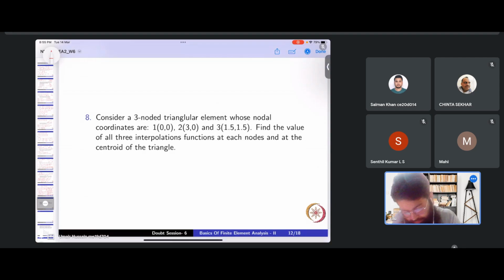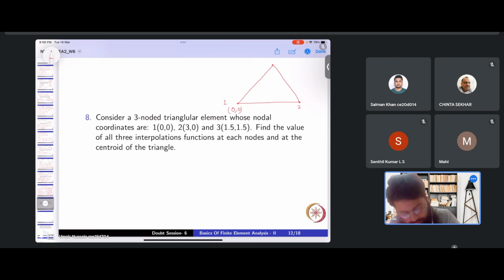So we are given a three-noded triangle. First node is at 0, 0.